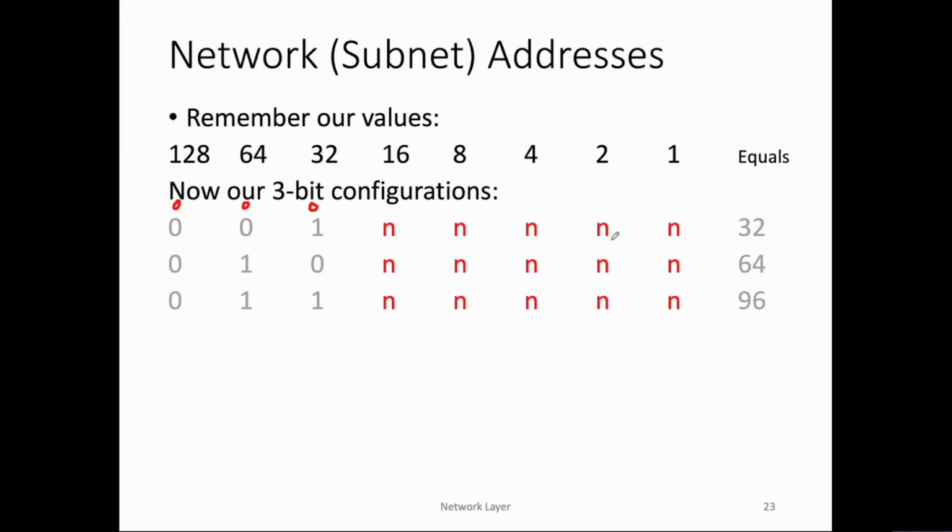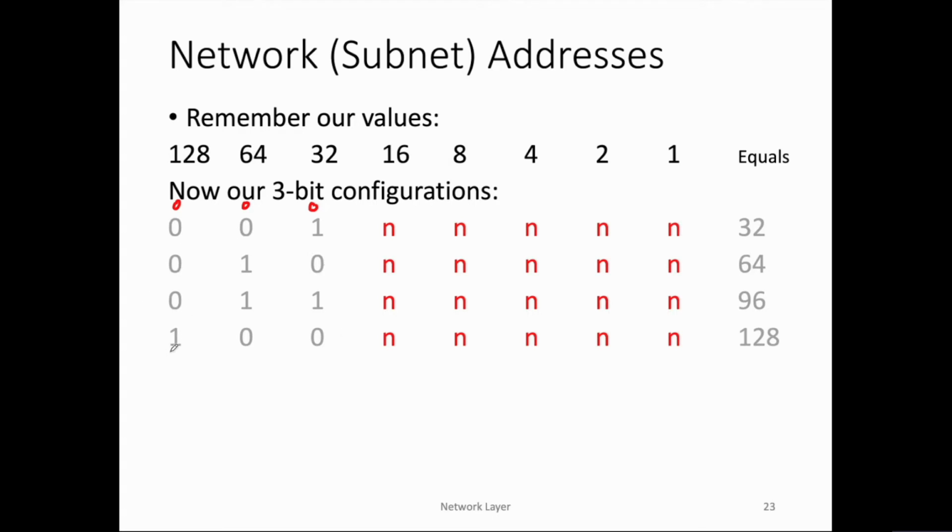So what we can do is put the first combination here, 001, which gives me the value 32, and I'll add 32 to 32. This will give me the next address, which is 64. Again, I'll add 32 to 64 and get the next value, 96, and I'll add 32 to 96 again, which gives me 128. We can also see this by applying the combination 100 on this side.